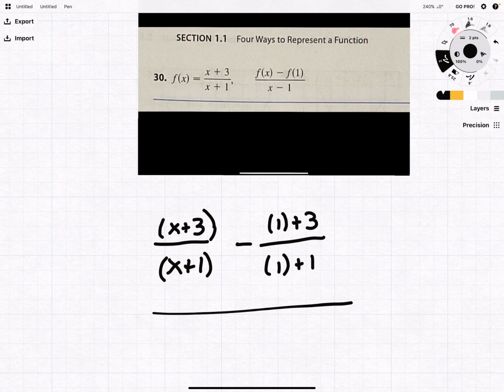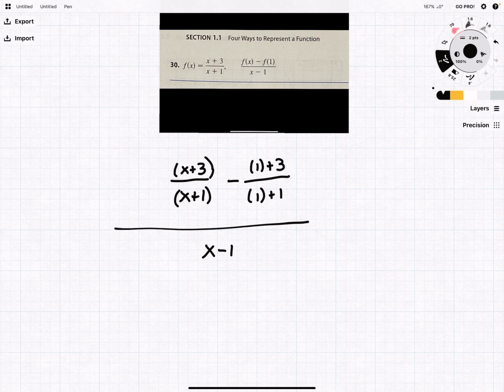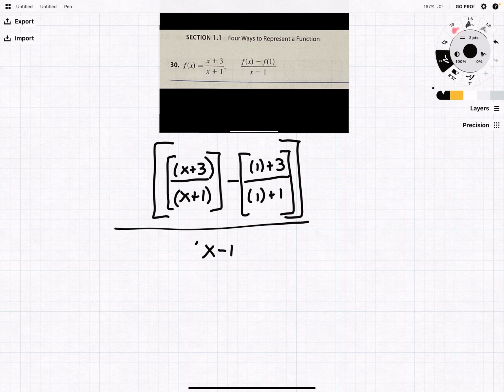And this is all over x minus 1. Okay, now first thing that we're going to do is we're going to guard very carefully all of these terms with parentheses because we do not want to make any drastic mistakes.